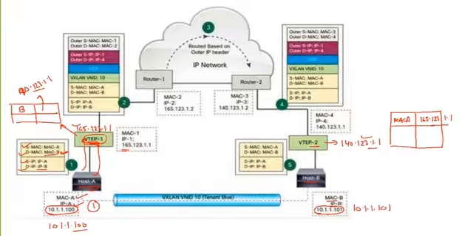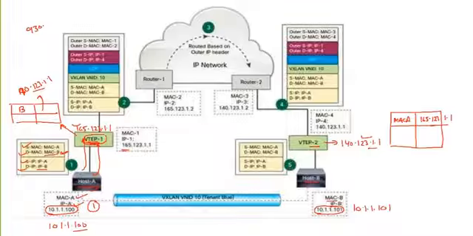VTAP is the leaf, right? Yes, leaf. And all your PCs and your servers connect to the leaf node. Leaves connect to the spine, full mesh to the spine. Every leaf has a connection to every spine. And on the leaf, you have a host or a PC or a server or a printer or a plotter connected to the leaf switch. Is the leaf switch a Nexus switch? Yes, Nexus 9300.